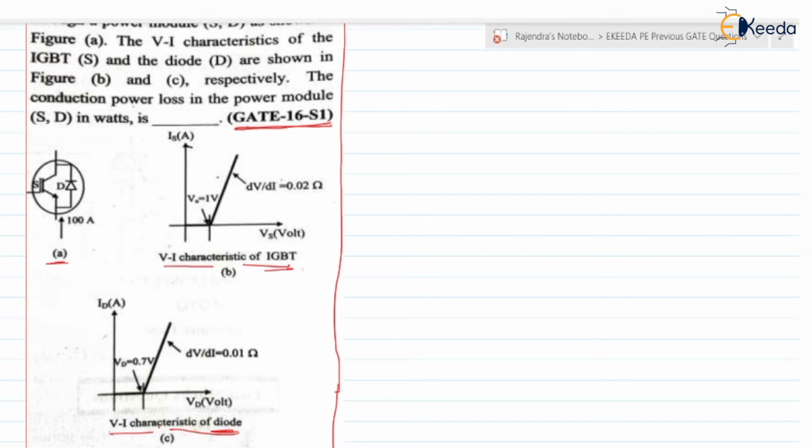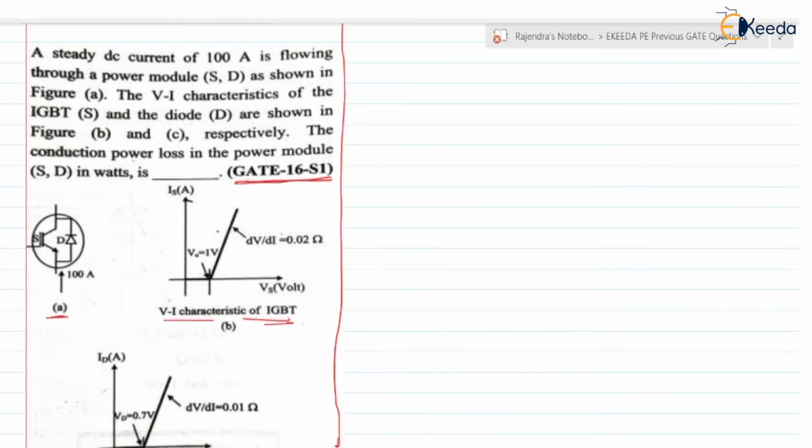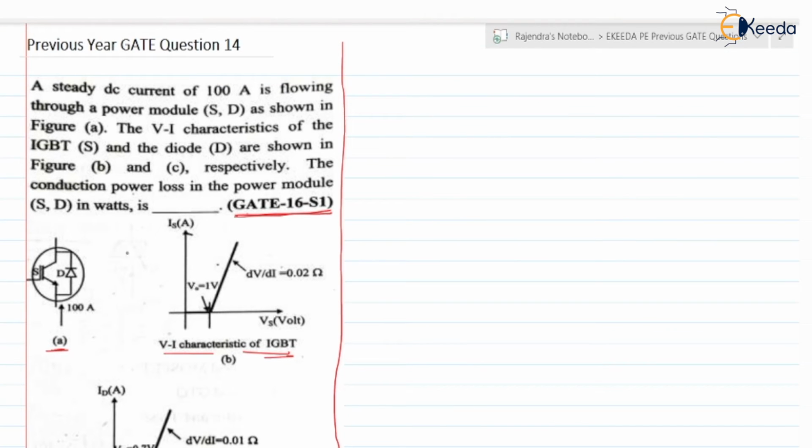Next, the conduction power loss in the power module in watts is asked. So our task is to find the conduction power loss. If we check here, the power module is nothing but a combination of an IGBT and a diode. If we check the direction of the current, the 100 ampere current they have given is in the upward direction.